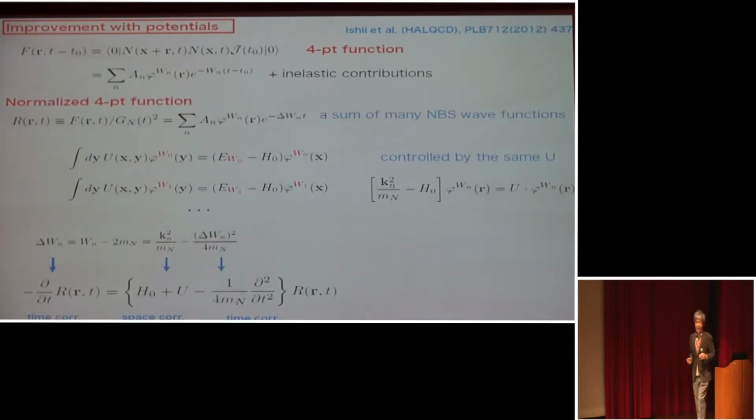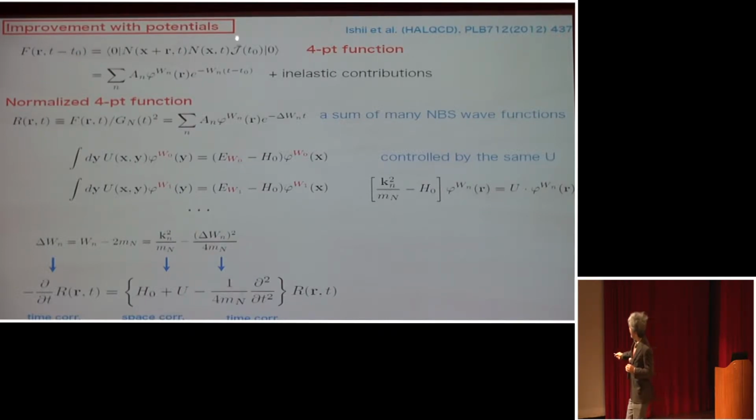In the potential method, we can overcome this difficulty. Suppose we consider the four-point function. This J creates two nucleons from vacuum, and this is N at x and N at x plus r, and vacuum. This is what we call the four-point function.